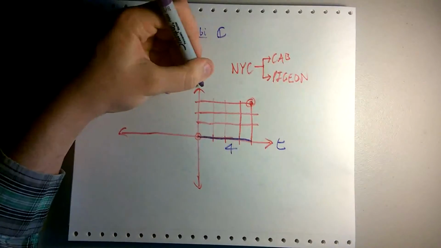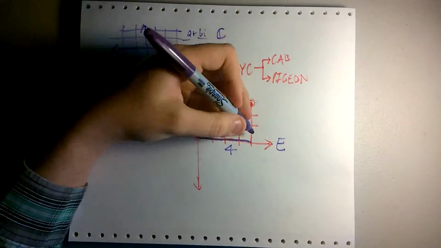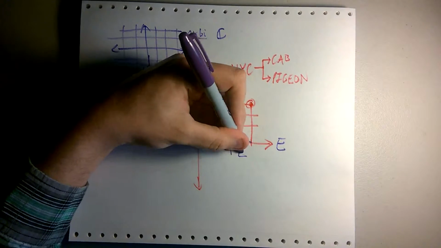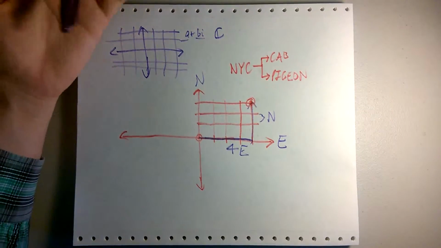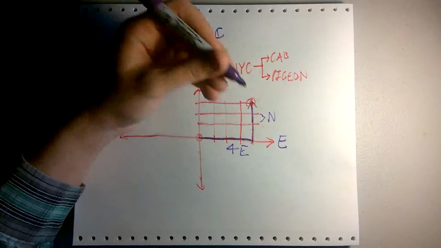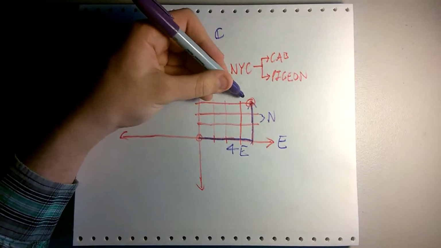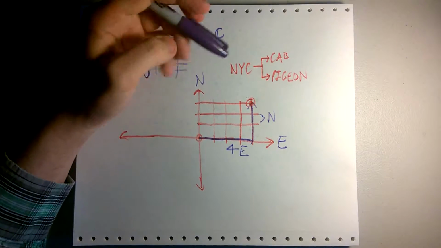This would be east and this would be north. So 4 blocks east and then 3 blocks north. Alright, nice. And then you got to your destination. But there's another way to get to the exact same point, isn't there?